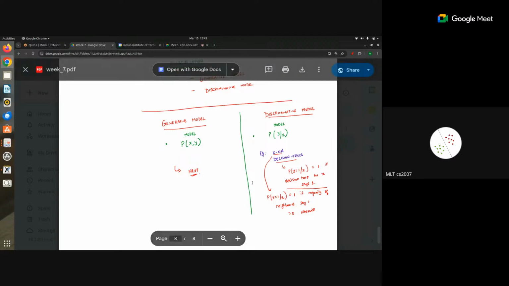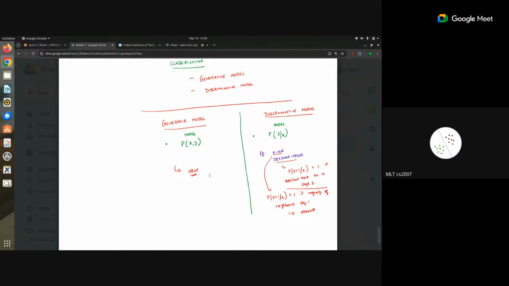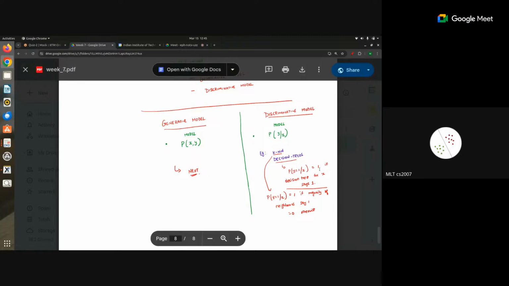This probability is basically a joint density, right? Joint density between the two, a feature and a label. So given that this is a text, what is the probability that this is a spam email?